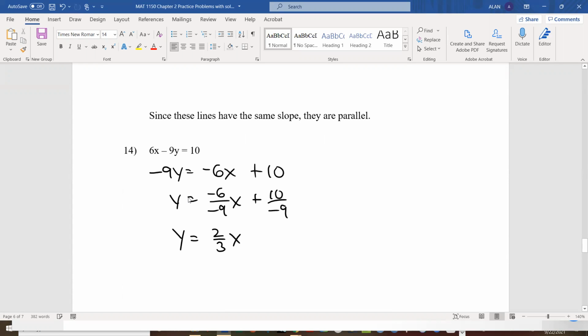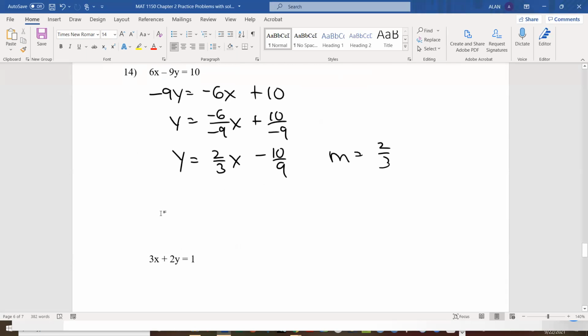So here you've got a slope of 2/3. And for this one, 2y, we subtract the 3x, divide by 2.